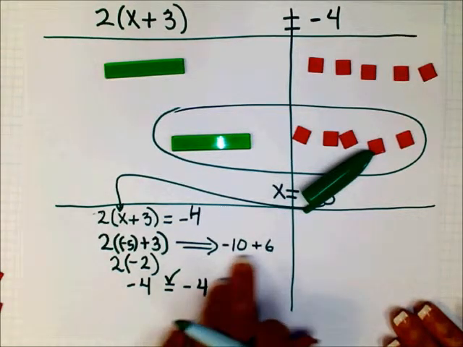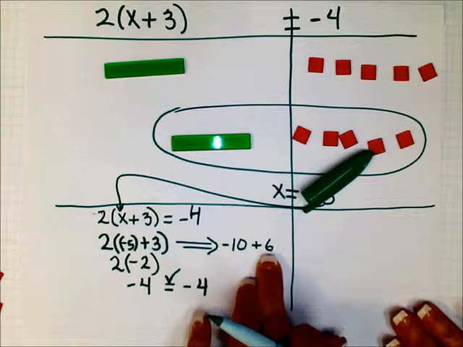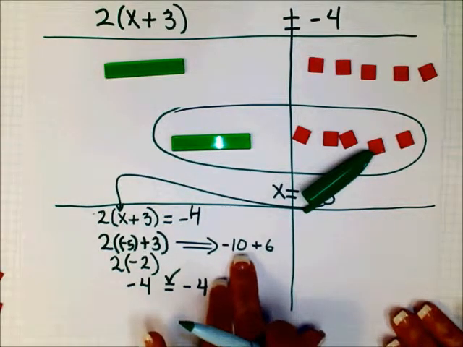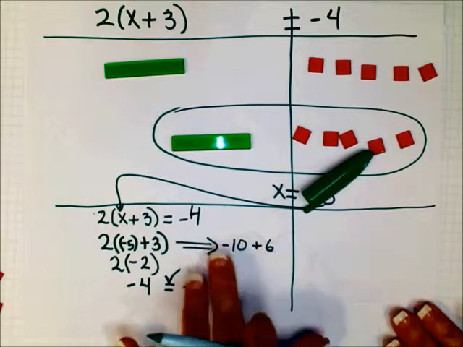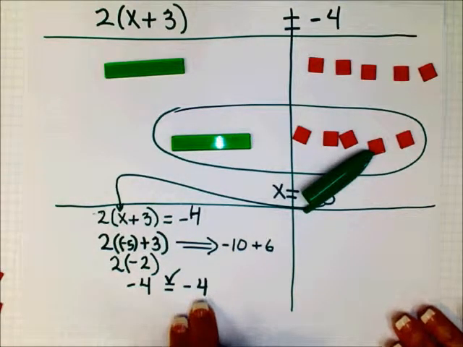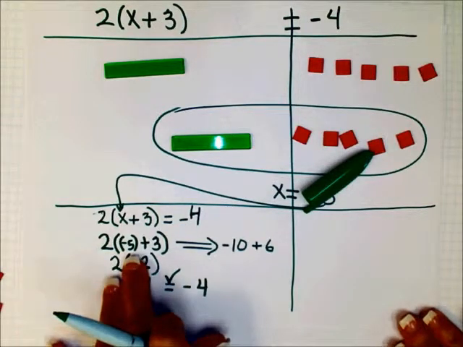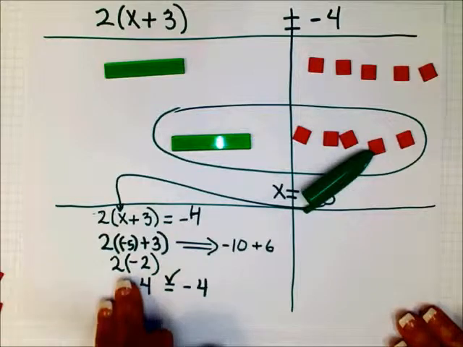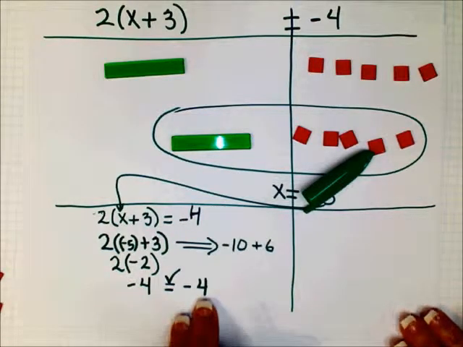The signs are different, so I subtract. Large number's negative, so my answer's negative. So 10 minus 6 is 4. The big sign is negative, so it'll be negative 4. Any way I go about it, would I use the distributive property or do what's inside my parentheses first? I'm still going to get negative 4.